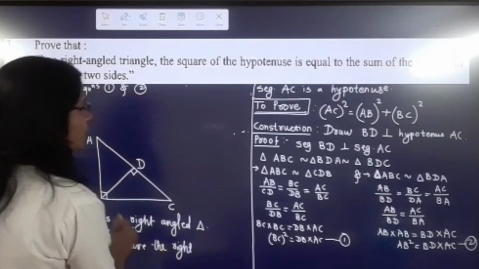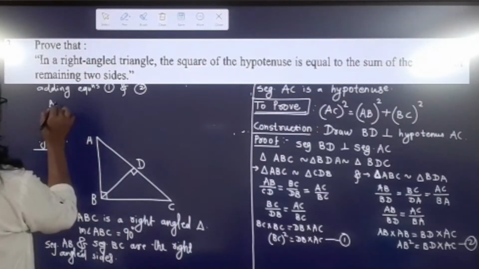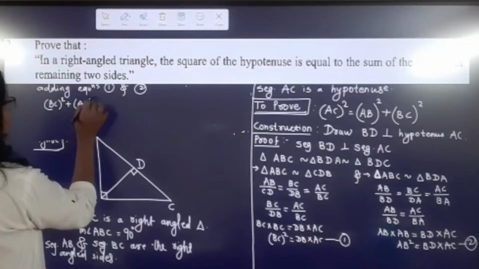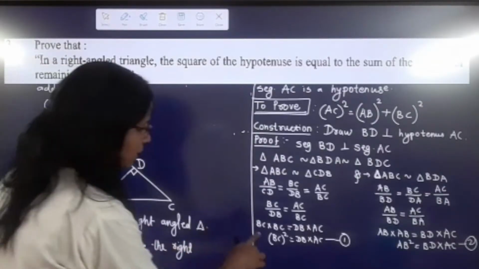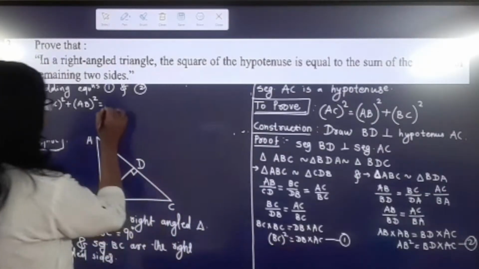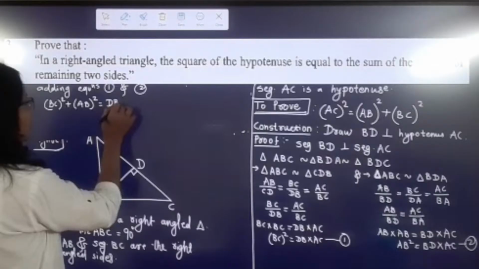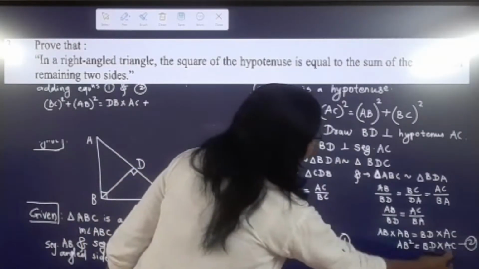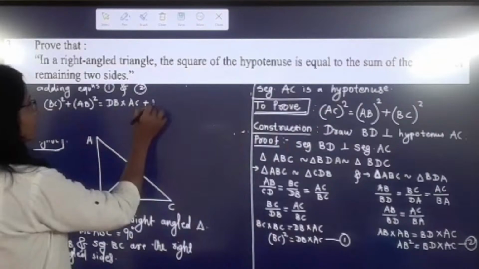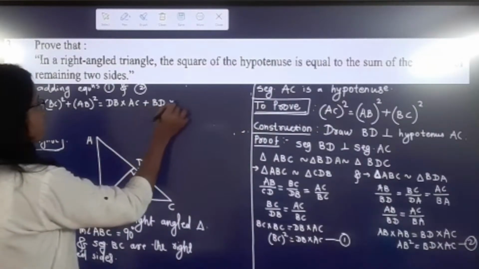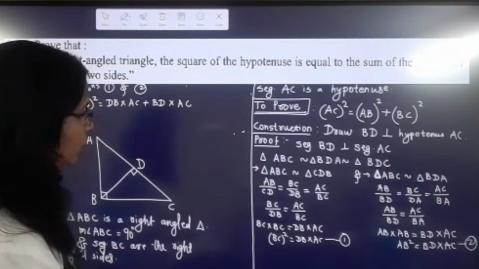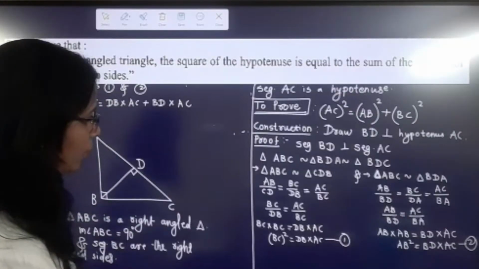So here BC square plus AB square is equal to, students, DB multiply AC plus BD multiply AC. BD, both are the BD students.